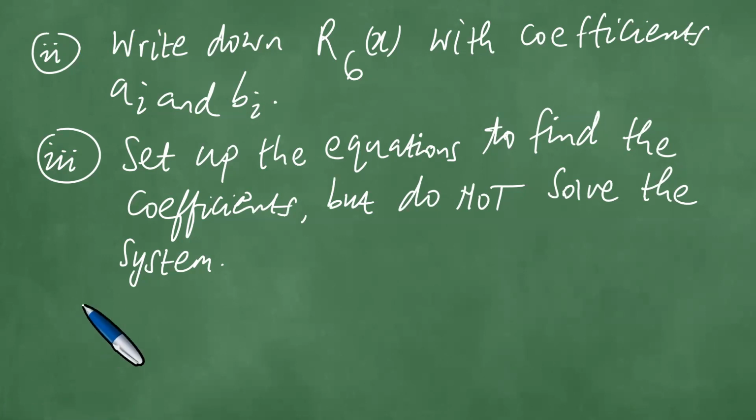Now, to set up the equations, we proceed as follows. First things first, we need to understand that you have the AIs at the top and then the BIs at the bottom. So with that said, what do we do here?